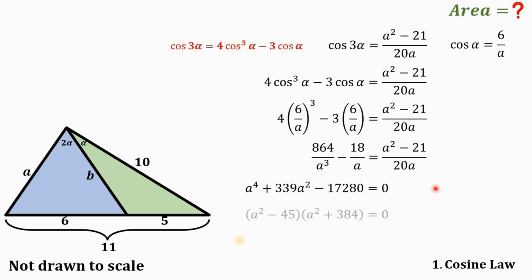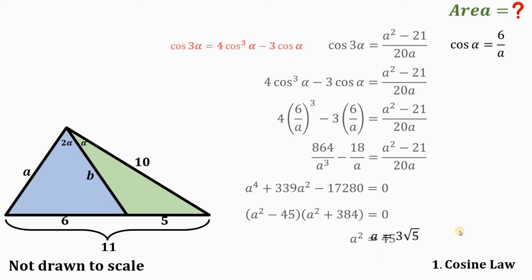Now you can factor this out nicely as A squared minus 45 multiplied by A squared plus 384. And we don't care about the negative value of A or the imaginary value of A. We want a real value for A. In short, we get that A squared equals 45 and A equals 3 times square root of 5.